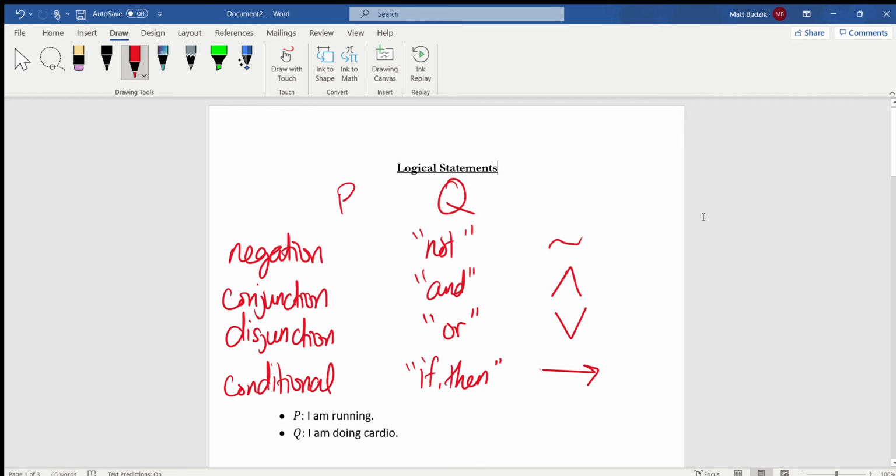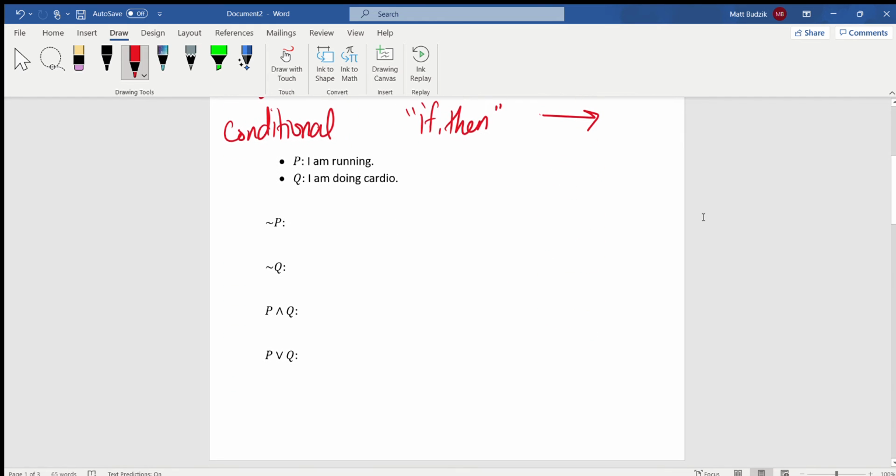So let's say that I have these two statements. I am running, statement P, and then statement Q says I am doing cardio. All right, so if I negate statement P, all that this is, is I am not running. That's the negation right there. And then same kind of thing if I were to negate statement Q, its negation would be I am not doing cardio.